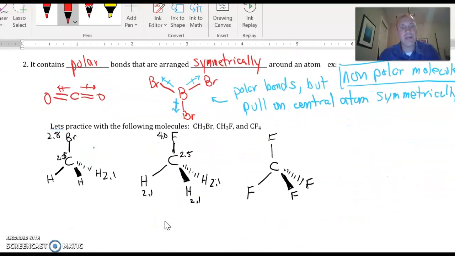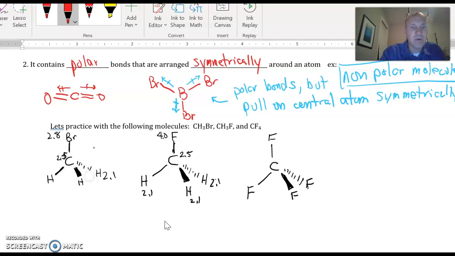All right, so let's practice this with a couple of molecules here. Let's pretend that we had CH3Br, this molecule here, and this molecule here. They're very similar. I'll go ahead and mention that they would all be tetrahedral molecules if you do the Lewis structure. So I've drawn them in the following ways.